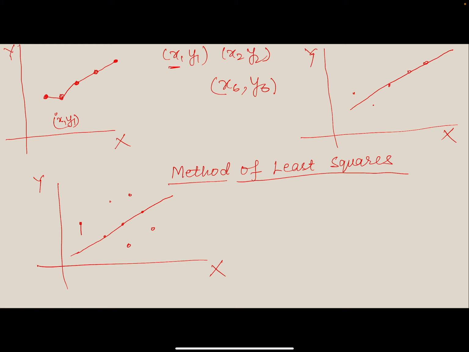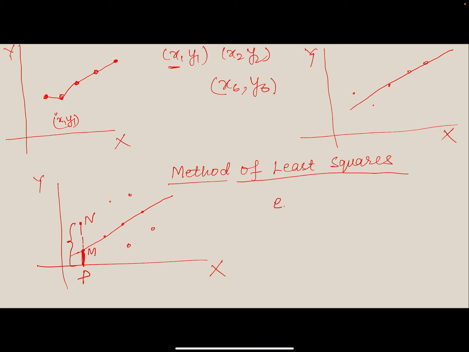Now, if we see, say this is a point P, this is the point M, and this is the point N, then PM is the value given by the curve which we fitted, and PN is the value given by the data. So there's an error.